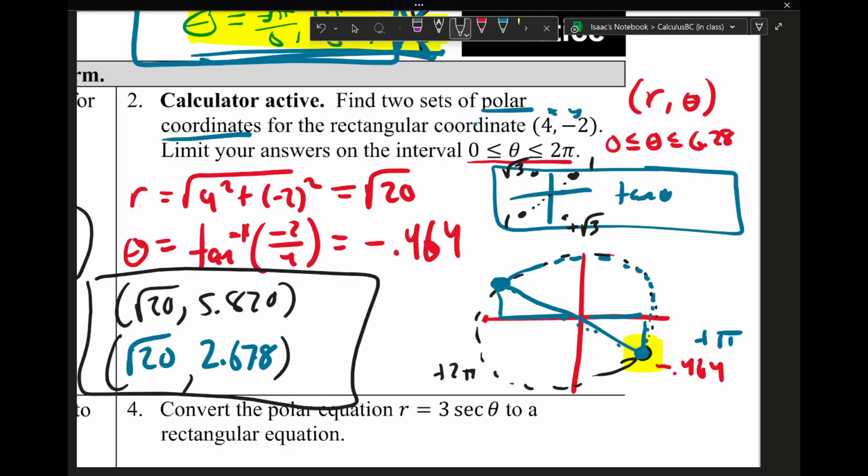Tangent values directly across from a circle are always equivalent. So if you have 1, you could add pi to that to get another one, or subtract pi, or add 2 pi.